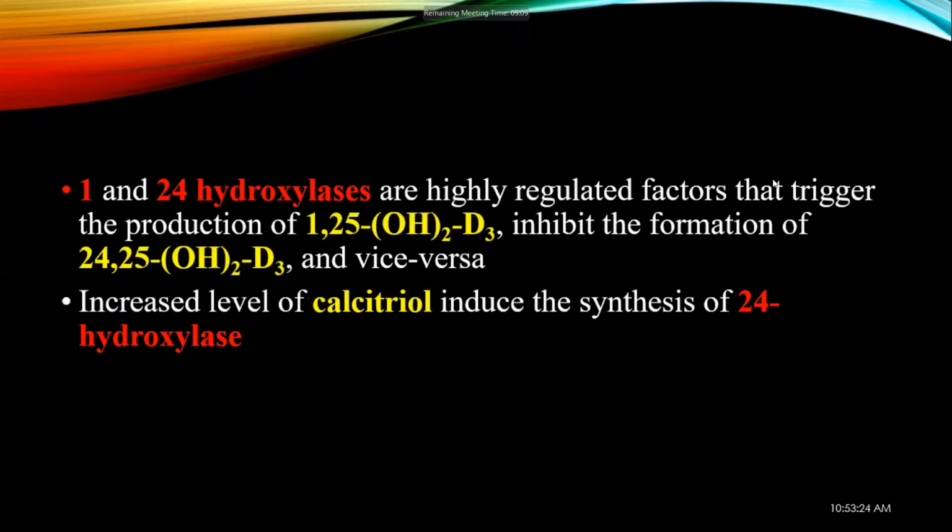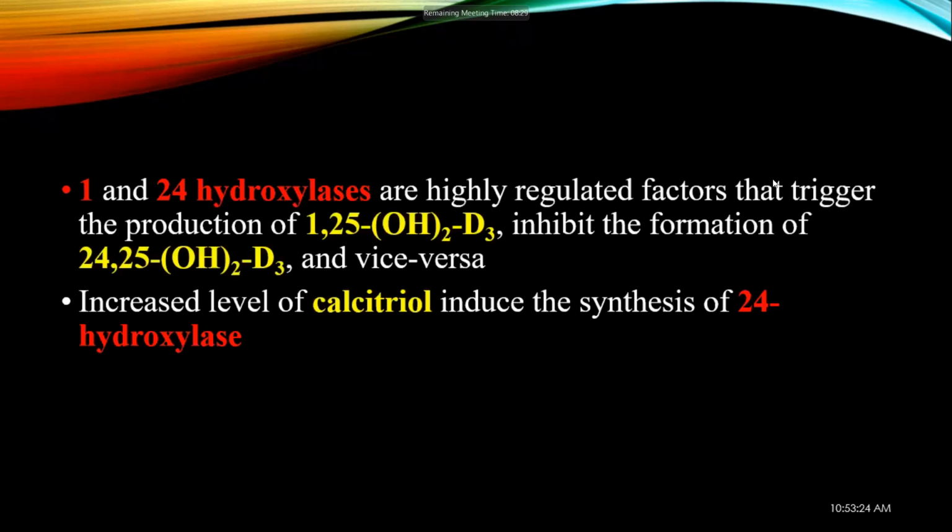However, if there is an excess concentration of calcitriol, that means if excess 1,25-dihydroxycholecalciferol is formed in the renal tubules, then this excess calcitriol induces the synthesis of 24-hydroxylase, which helps to convert 25-hydroxycholecalciferol to 24,25-dihydroxycholecalciferol.